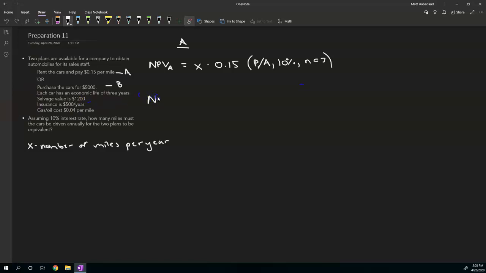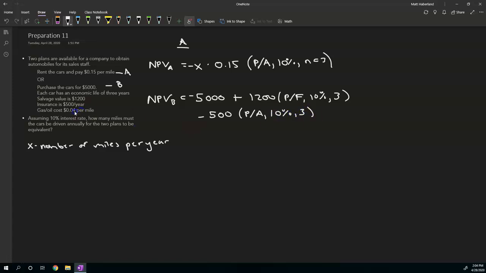Let's look at the net present value of B. Well, initial purchase cost, $5,000, is a cost, so it should be negative. Negative 5,000, plus we've got a salvage value of 1,200, but we have to bring that back to the present time, so a P over F factor, 10%, 3 years. We've got insurance, that's an annuity, $500 per year, so we subtract 500 and multiply by the P over A, 10%, 3 years.